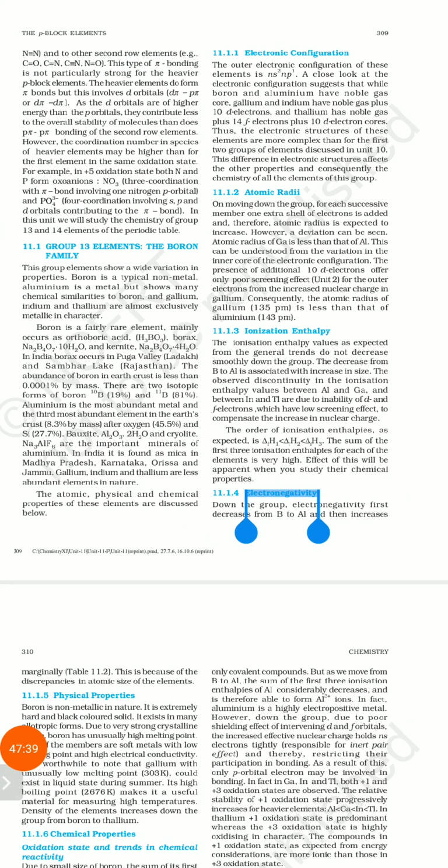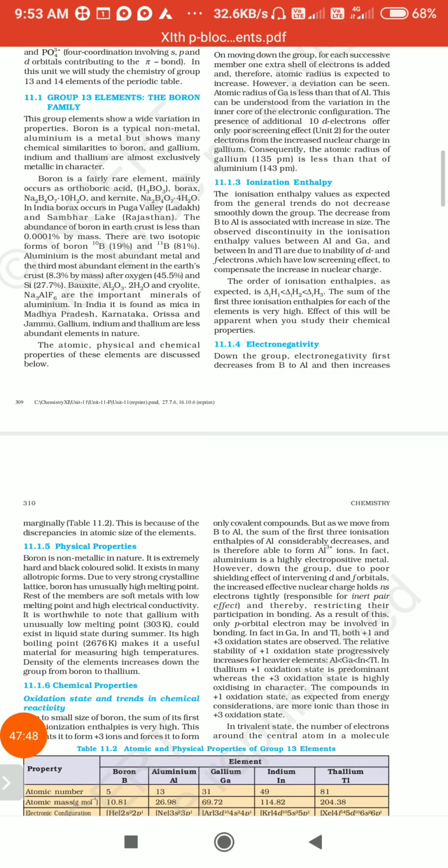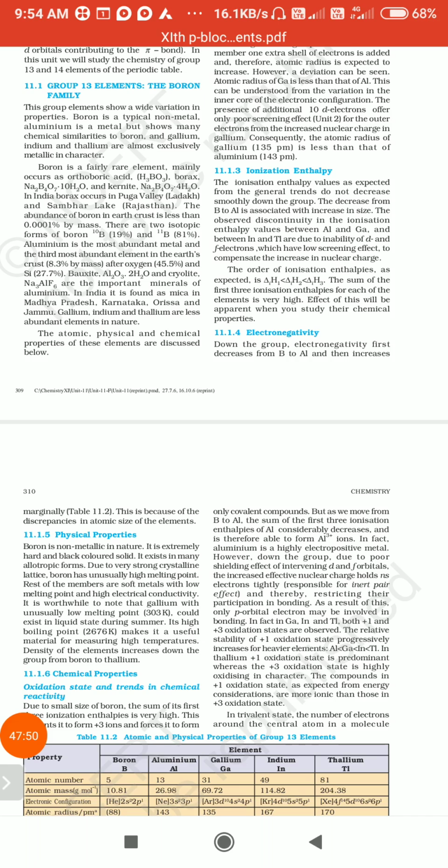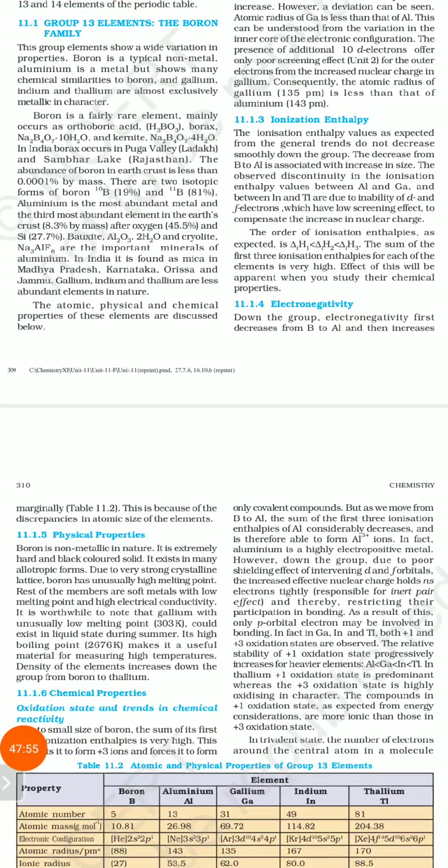Down the group, electronegativity first decreases from boron to aluminum and then increases gradually. Why? Because atomic size gradually increases, and as atomic size increases, the electronegative nature decreases. First boron to aluminum it decreases, and after that electronegativity increases.